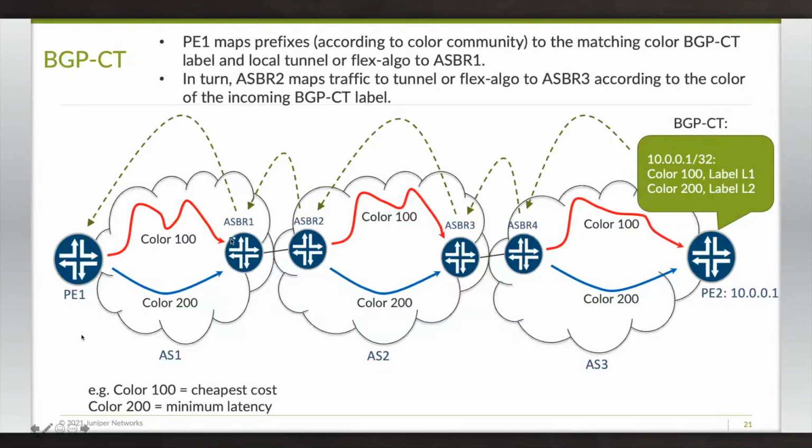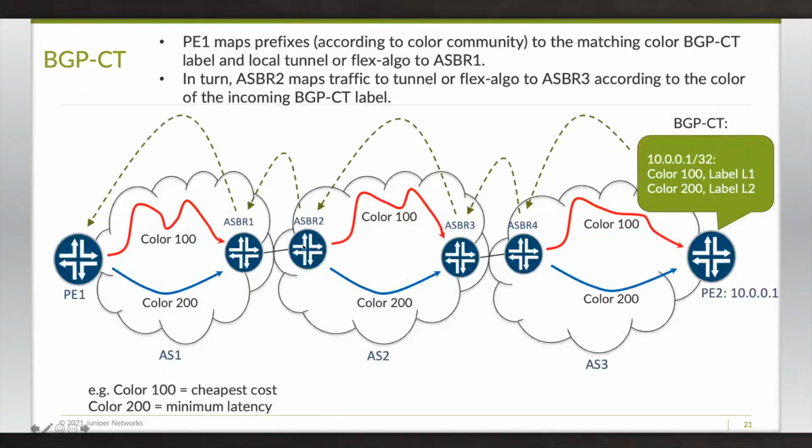So let's suppose it wants to send traffic to PE2. It will have received service level prefixes from PE2, perhaps VPN prefixes with color 200. To ensure that those do use the color 200 transport, PE1 first of all puts onto the packet the layer 3 VPN label, then the BGP CT label associated with color 200 for PE2's loopback address, and then finally labels associated with the local transport, which might be Flex Algo, SR-TE, or RSVP-TE, terminating at ASBR1. ASBR1 hands over the packet.